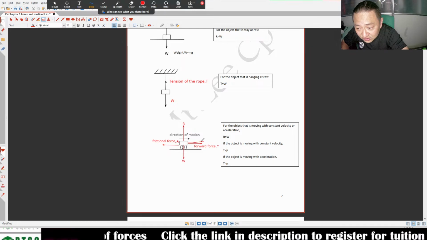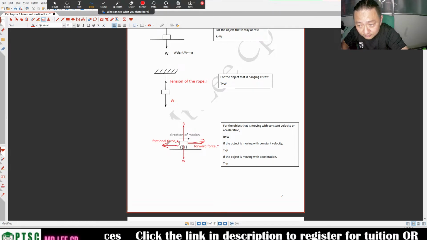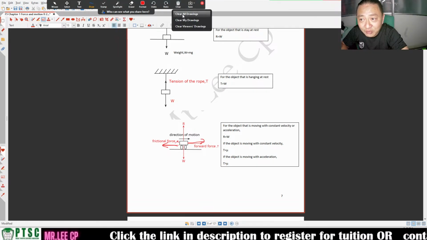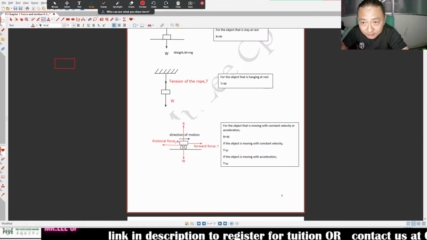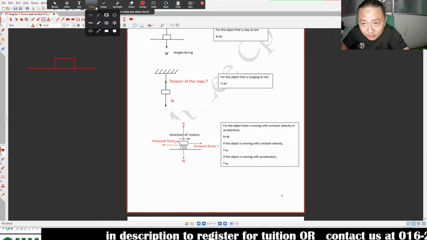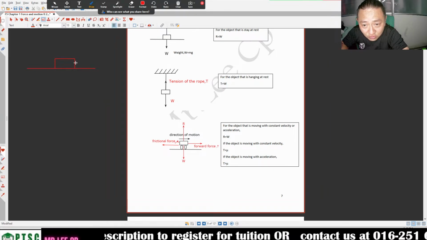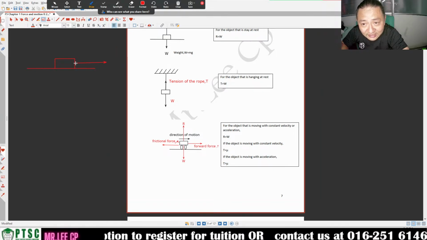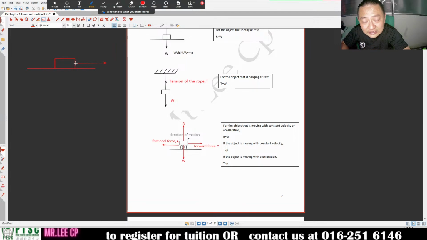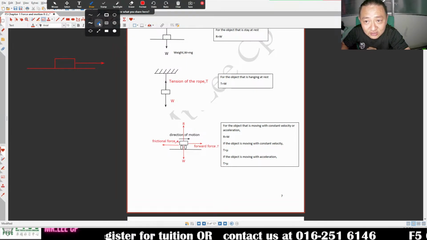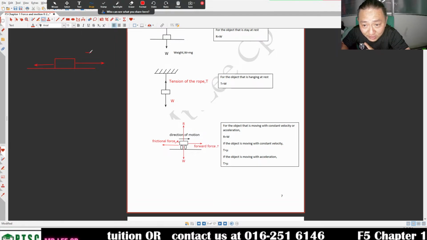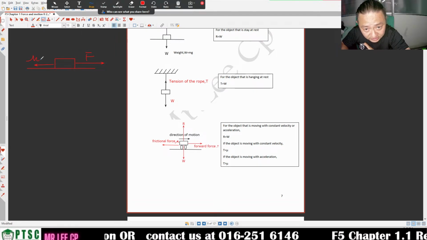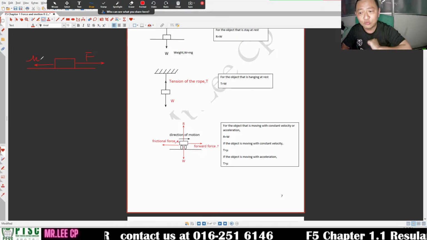If you watched my video before, last week I did one video for you, and we discussed this one also. If I pull it and it starts to move with constant velocity, this is your friction. Constant velocity means the force applied and the friction will be the same.